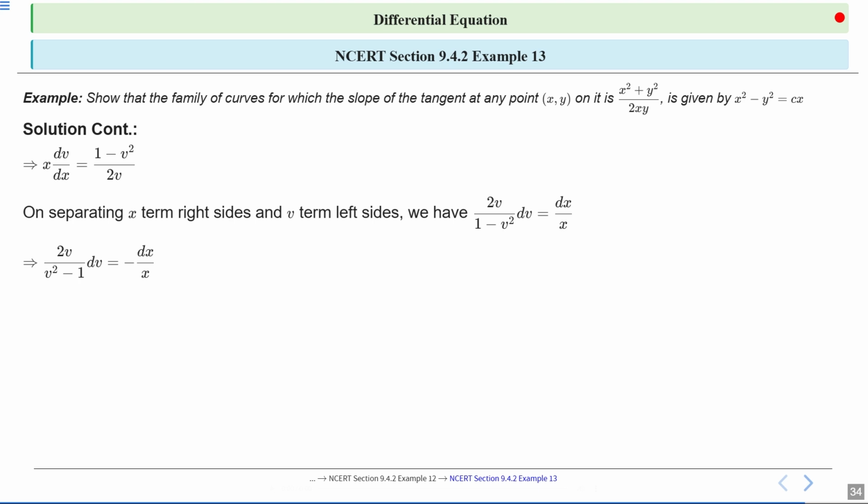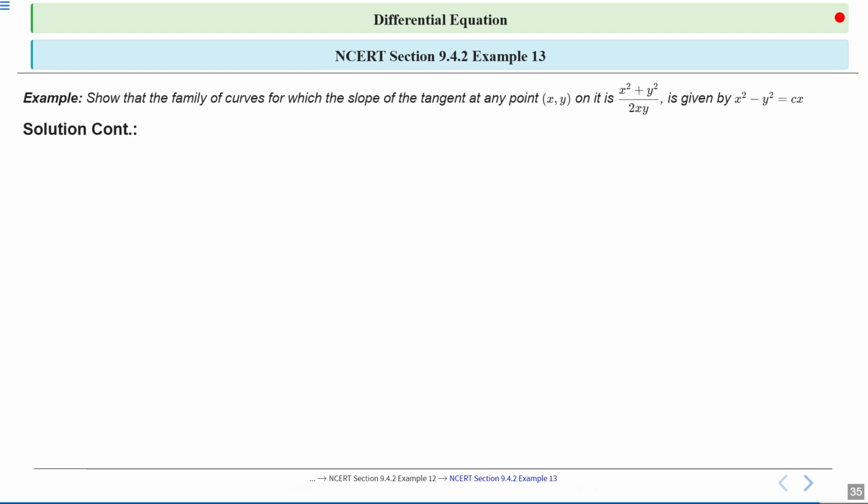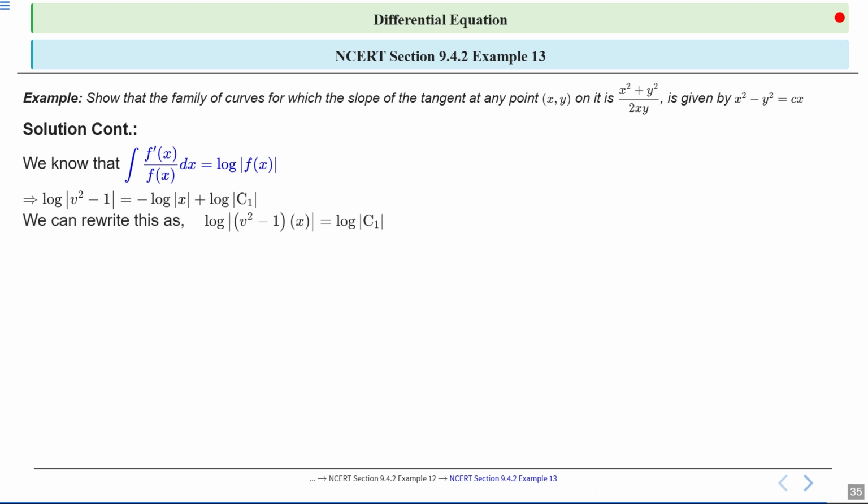So now we integrate both sides to get the general solution of the differential equation. So on integrating both sides, that is, integration of 2v by v square minus 1 dv is equal to minus integration of 1 by x dx. And we know that integration of the type f dash x by f x dx is log mod f x. So we get log mod v square minus 1 is equal to minus log mod x plus log c1.